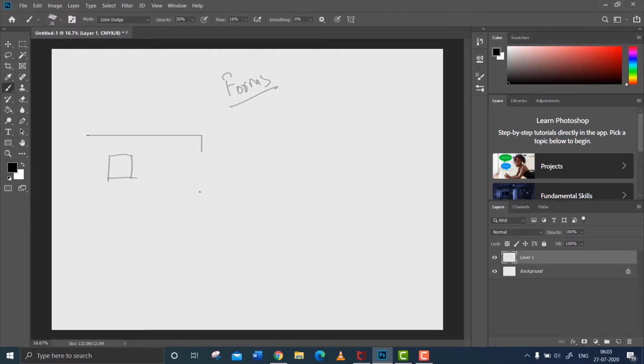So the basic shapes that we covered were circle, triangle, and square.